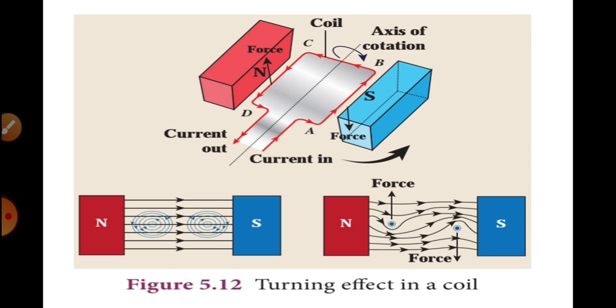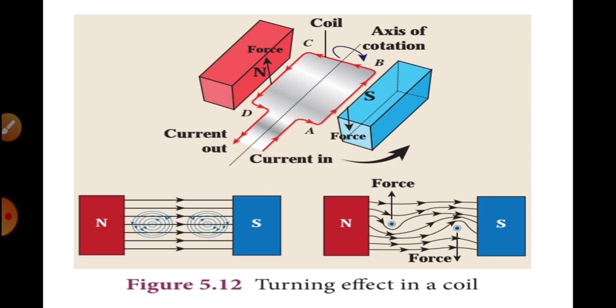We have a magnet here, with red color and violet color for the north pole and south pole, the two poles of the magnet. A simple coil is placed between the two poles of the magnet.